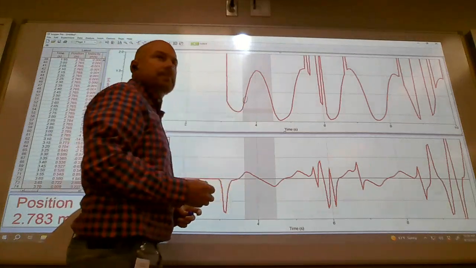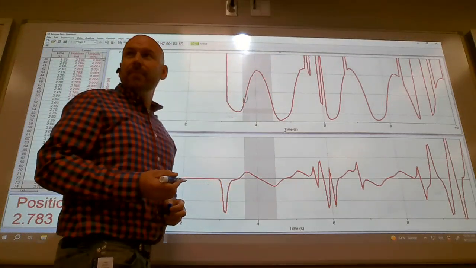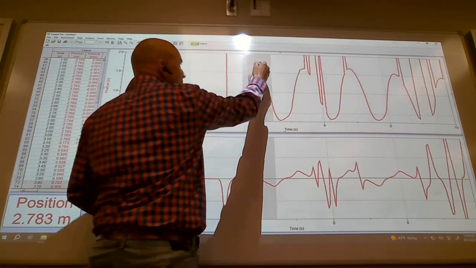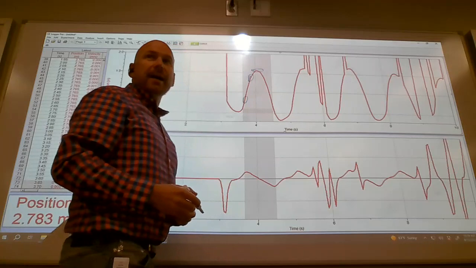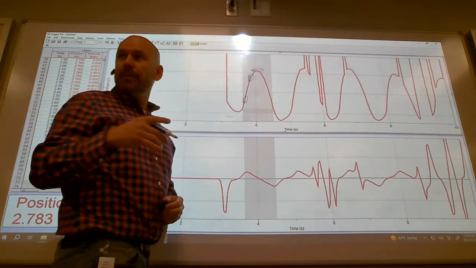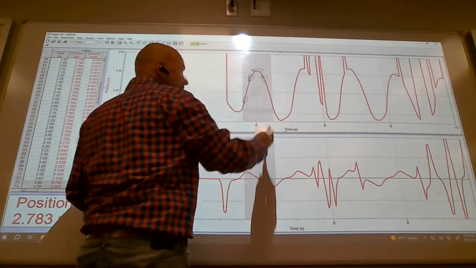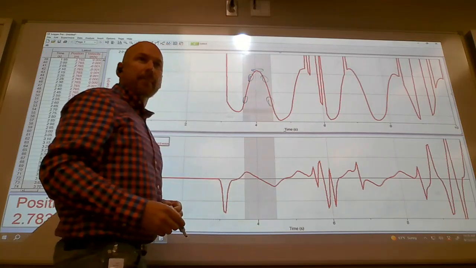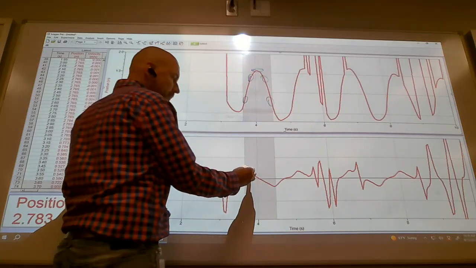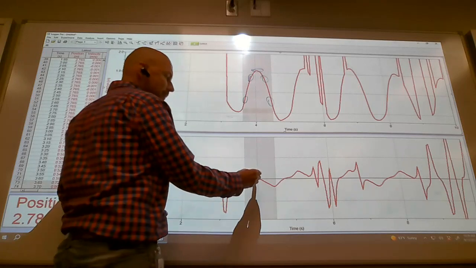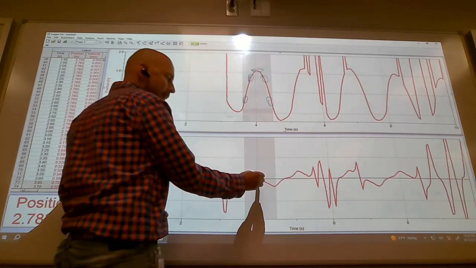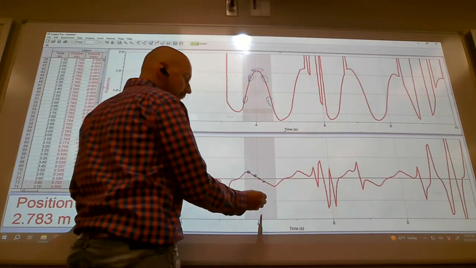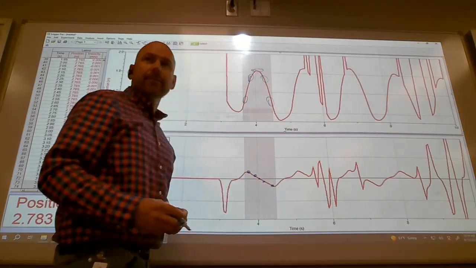Starts fast in the positive direction, steep, shallow in the positive direction, flat or zero slope, shallow negative, steep negative. Fast positive, slow positive, stops, turns around, slow negative, fast negative.